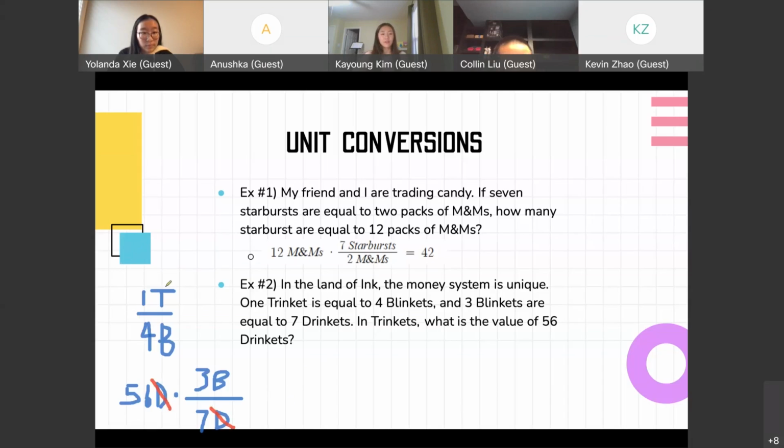You know when you multiply fractions, you can cross out the top and bottom; you can do that with units too. So now we got rid of the trinkets. We're going to use the other ratio again and do 1t over 4b. So now the b's will cancel out.